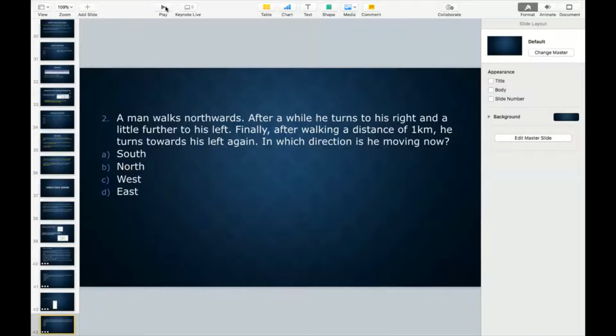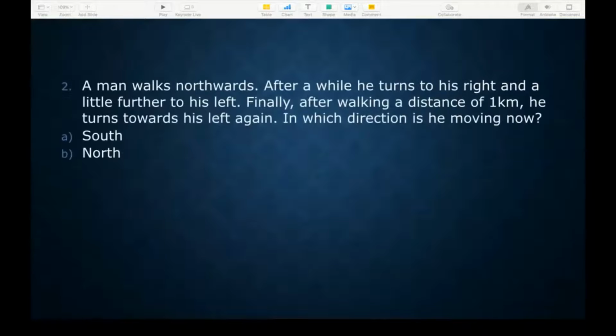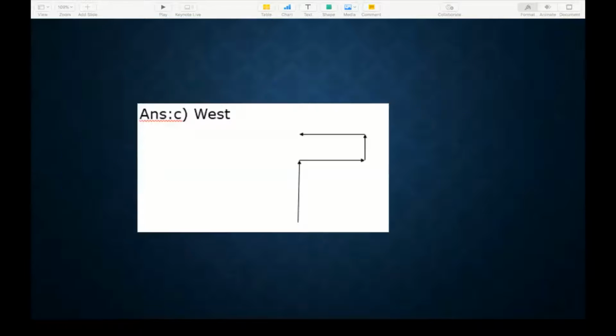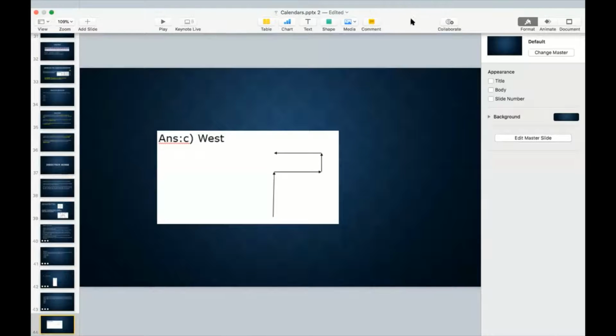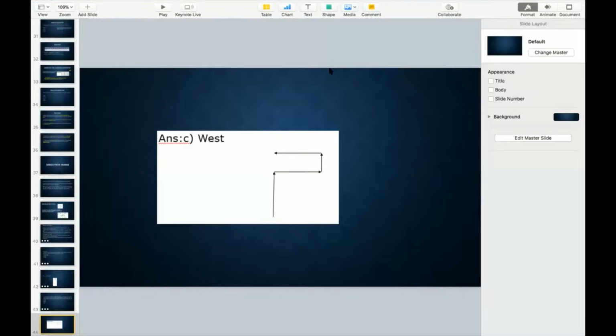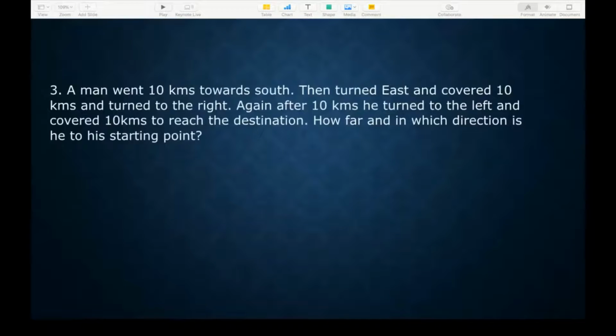Option C, west. Everyone got the correct answer. So you can see, guys, that this topic is quite easy. Generally, I don't see anyone having any difficulty in solving the questions of direction sense. So whenever you come across an aptitude paper, in the logical section, you can always try to identify these questions and solve them first. Next question for you.